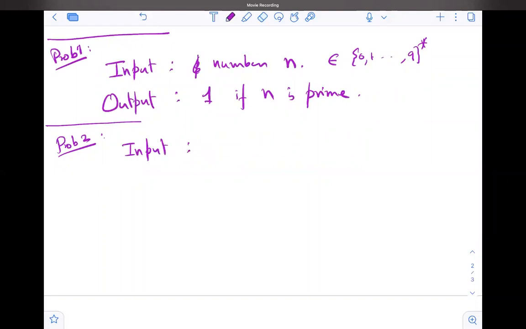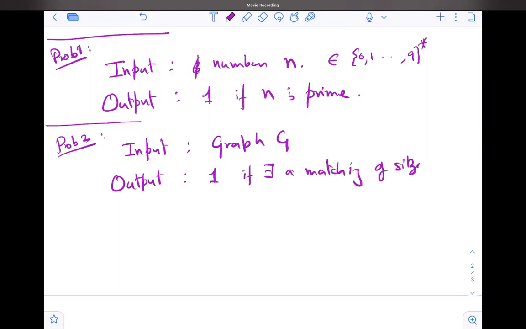The output is 1 if there exists a matching of size greater than or equal to k. What does a matching of size greater than or equal to k mean? I have a graph and I can give you a matching which has k number of edges.